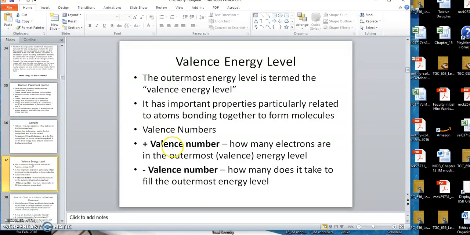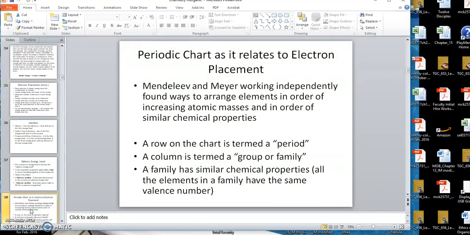A positive valence number is how many electrons are in the outermost shell. A negative valence number is how many electrons would need to be added to fill that outer shell. So one is a positive and the other is a negative. And this is going to be of importance to us. Okay. So now as we go further, I get to the periodic chart and look at this electron placement here. But that will be a separate video.